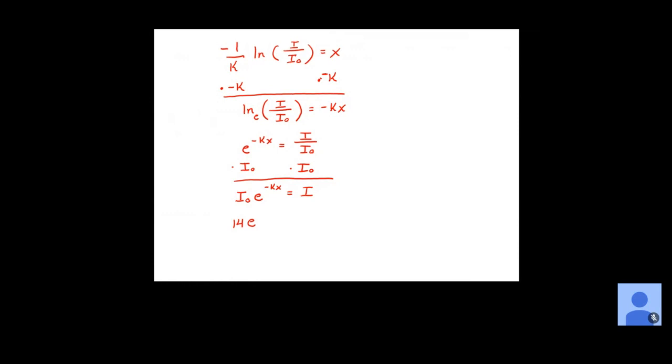What was our K value? 0.025. And so in this case, it's a negative K, so we have to make it negative 0.025 times X. What was our X value? 20 feet, right?